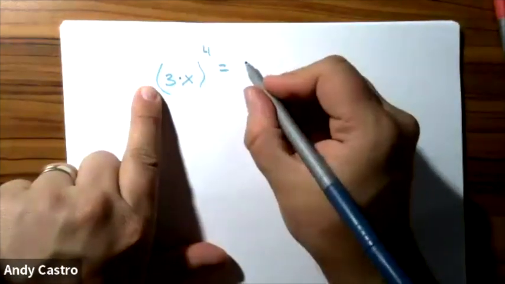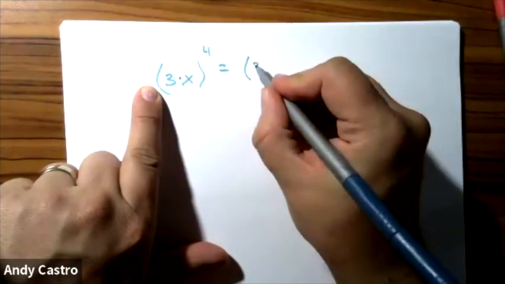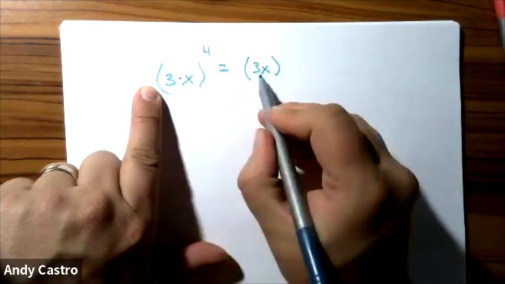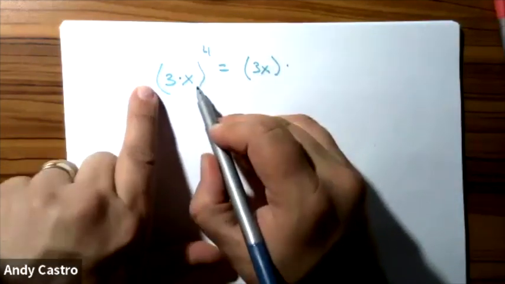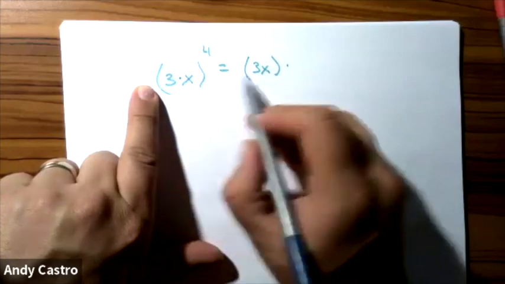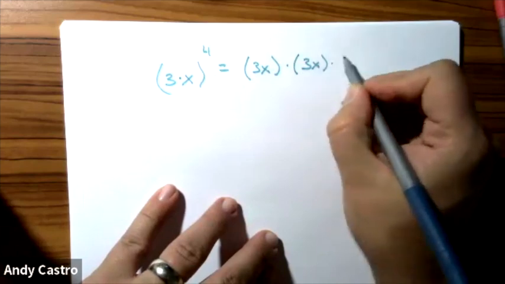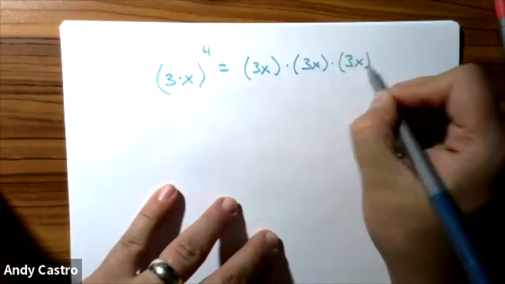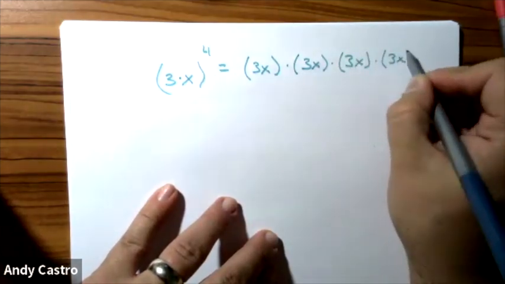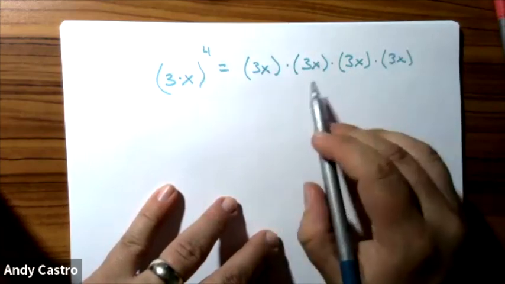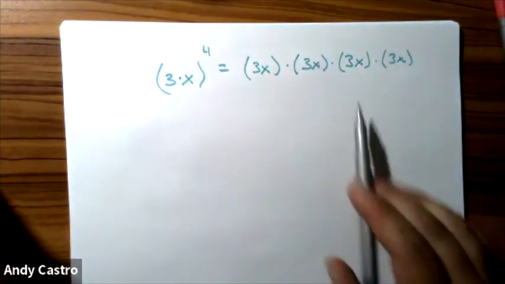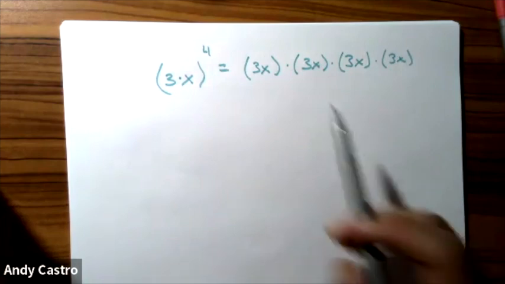Oh, I'm sorry, 3 times x is our base. 3x is our base, and we're going to multiply that base 4 times. 2, 3, 4. Obviously, I don't need those dots. That's kind of redundant. They're already in parentheses, but you get the idea.